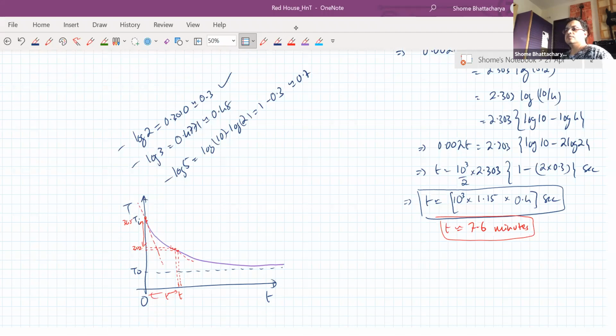Okay, let's bring today's session to an end with this, and next time we will look at some more examples of application of Newton's law of cooling or application of Stefan-Boltzmann law of radiation, but with approximation, the binomial approximation kind of thing that we use for Newton's law of cooling. And we will look at the final theory part, which is about how the radiation emitted from a black body is distributed over the electromagnetic spectrum.